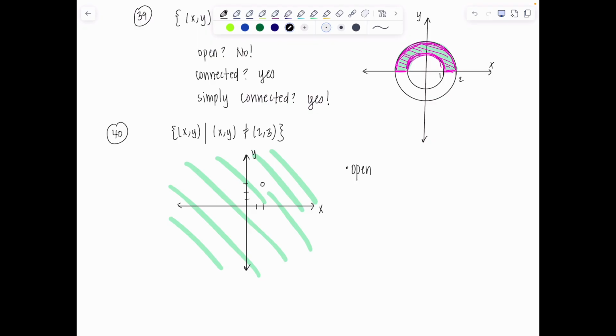You just have to make it very, very small. You can get as close to the point as you want without being at the point, and then I just choose a radius even smaller than the distance I am from the point. As long as you're not at the point, you could draw a disk around it and still stay entirely in the region.